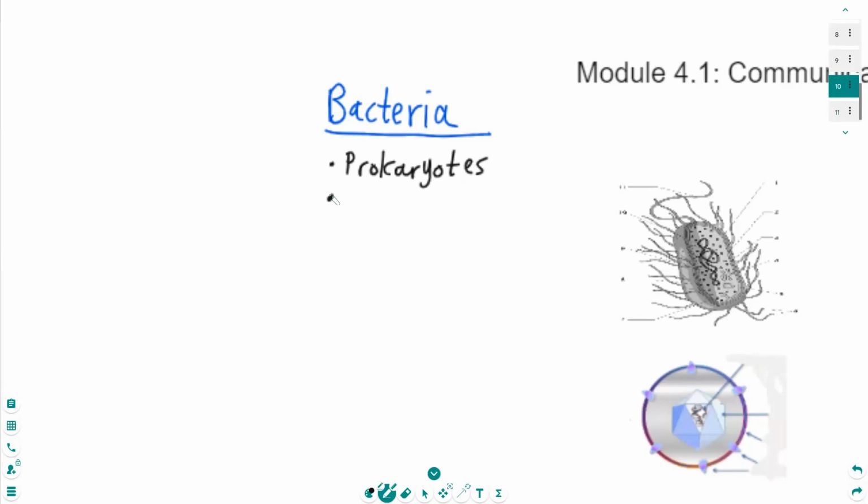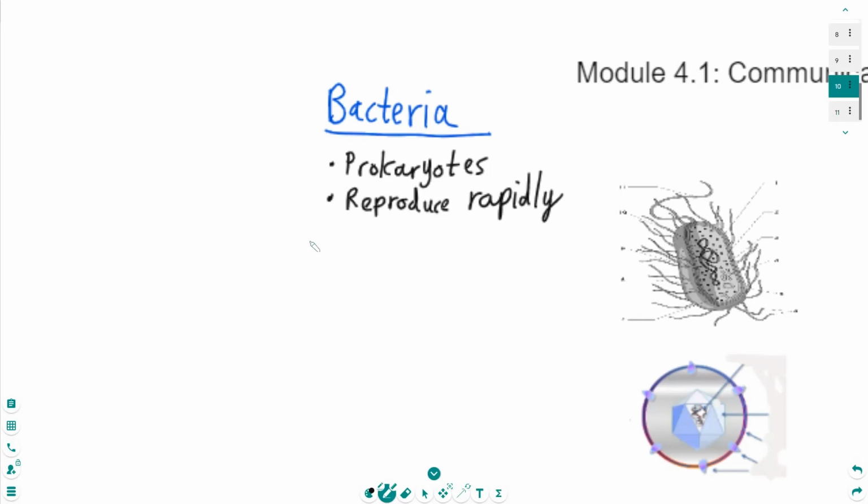These are smaller than eukaryotic cells, and they can reproduce very quickly. They can reproduce rapidly, up to every 20 minutes, which is pretty fast.